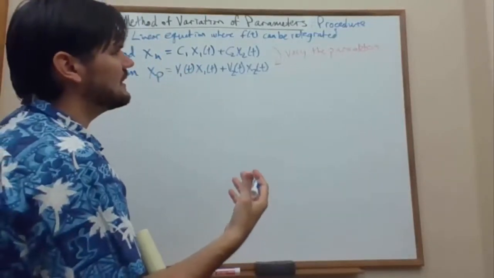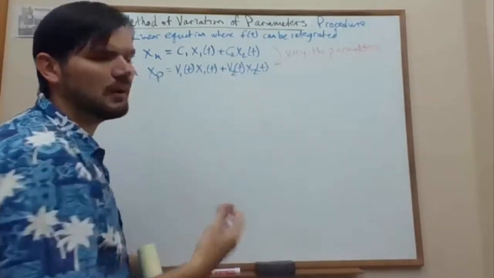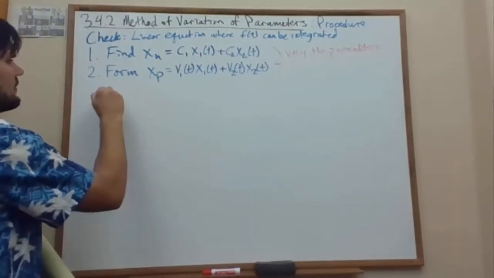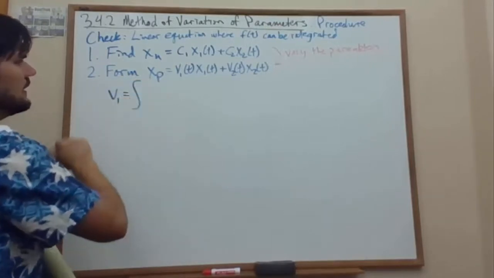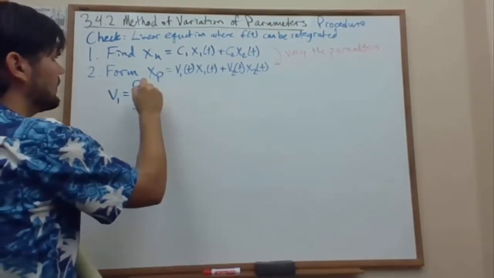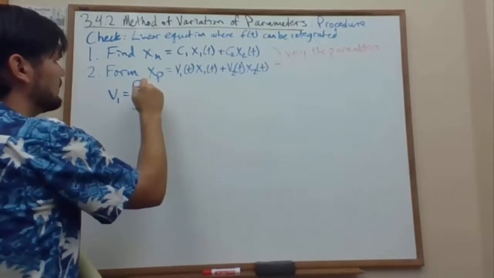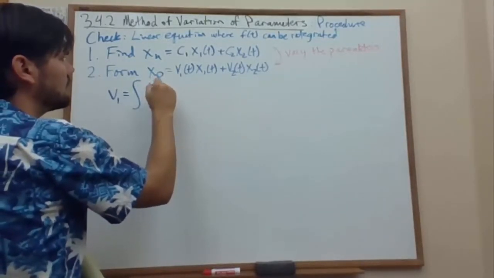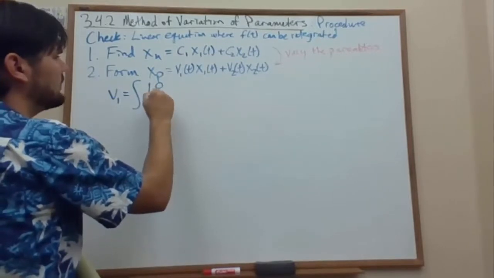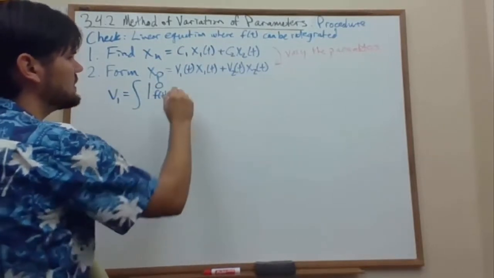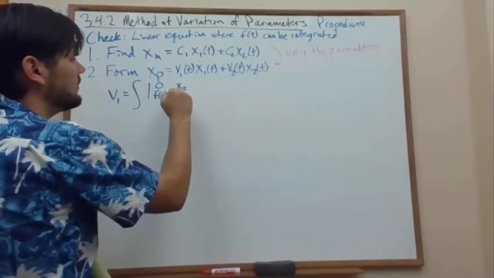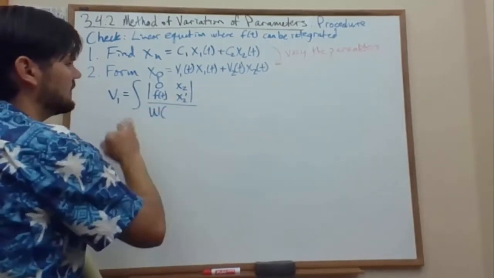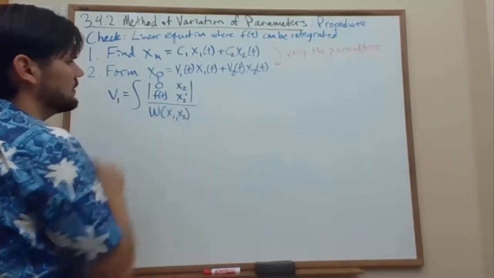But using the assumption that we only need one possible helper function, we can make a condition on v1 and v2 to be able to solve it as v1, the integral of the determinant with 0 and f of t in the first column of our determinant system, and x2 and x2 prime, divided by the Wronskian of x1 and x2.